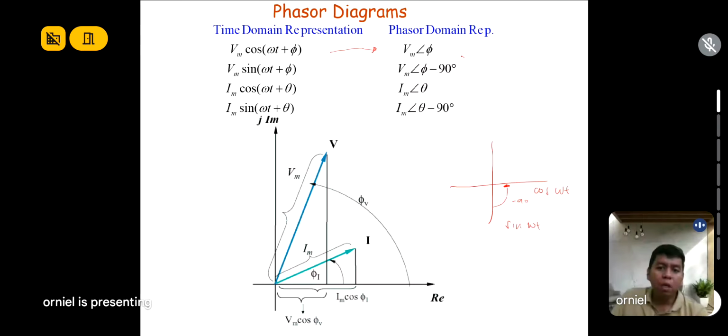So in the phasor domain it is actually negative 90. Cosine omega t is the reference for the current magnitude of the phasor. The same case for sine: convert it into cosine, that's negative 90. That's why the angle of the phasor is minus 90.